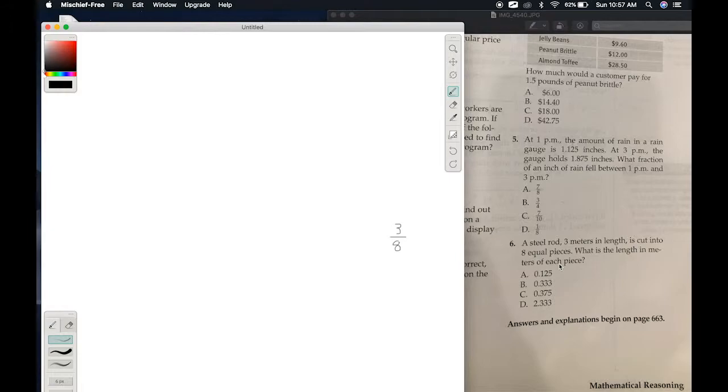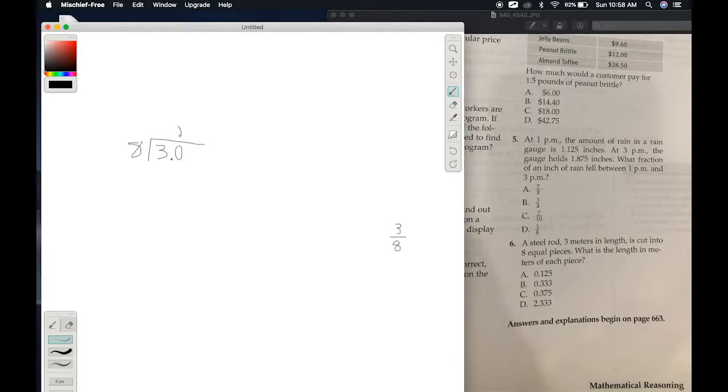So if we wanted to actually write this problem out, it would be like this. 8 into, sorry, that's a really crappy 8. 8 into 3. Does that work? Doesn't really, so we have to add a 0. 8 goes into 30.